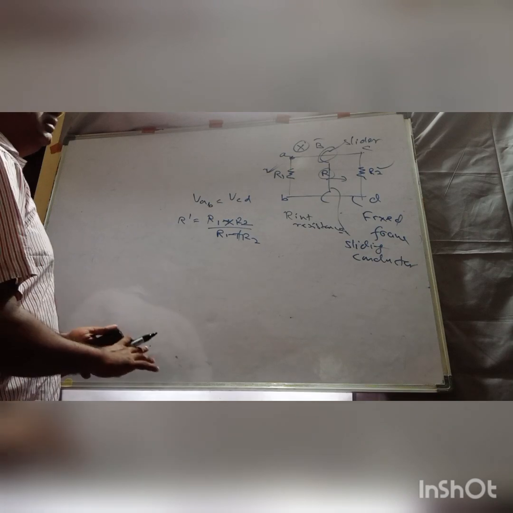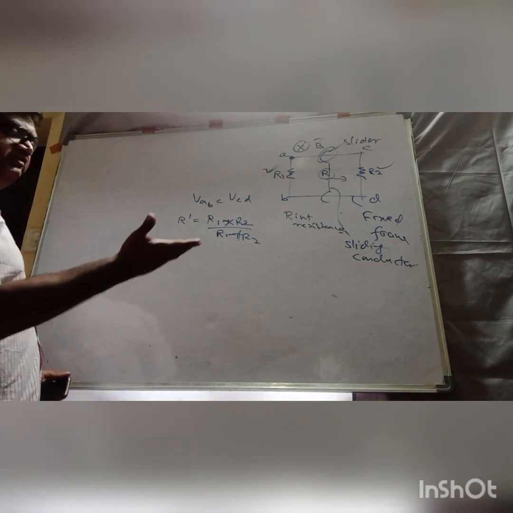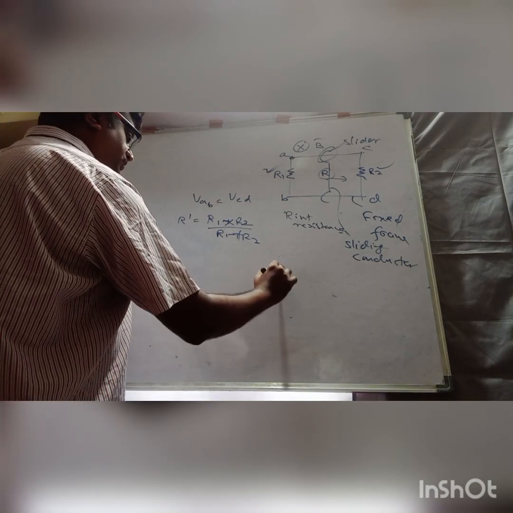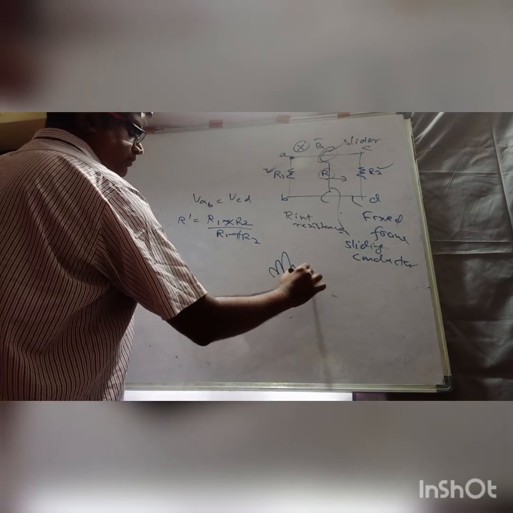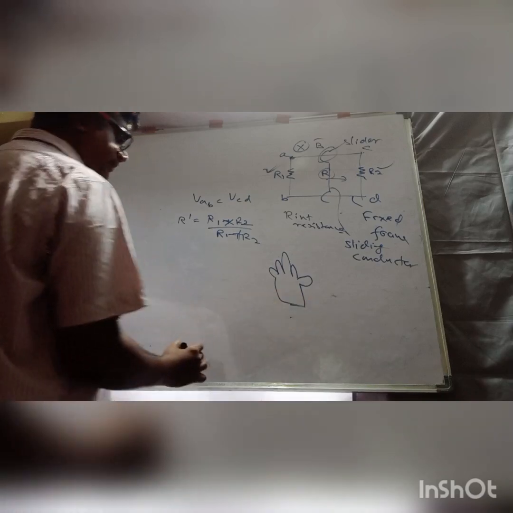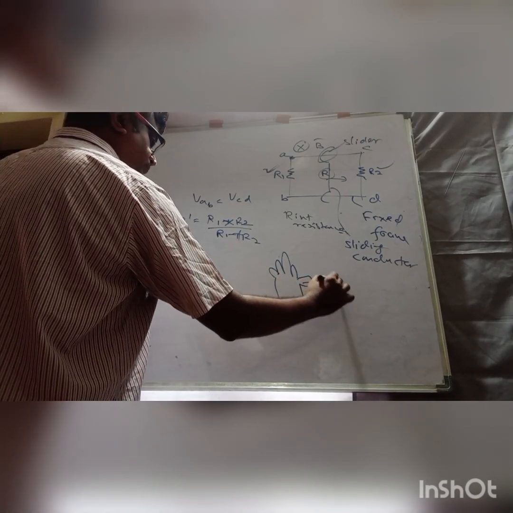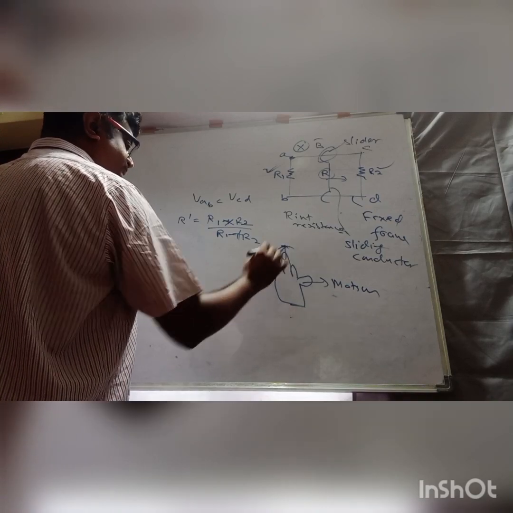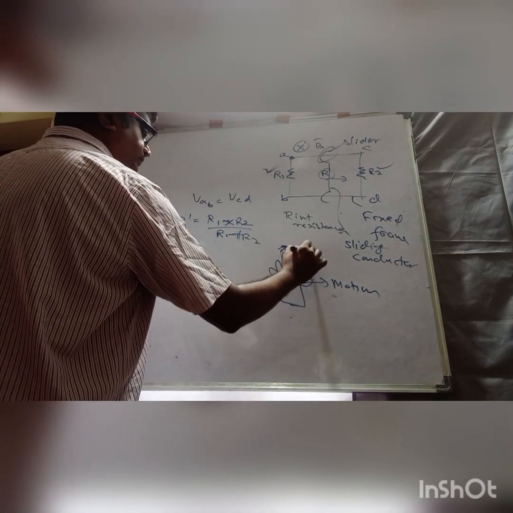So here we can finalize what is the high potential point. For that we have to use the right hand palm rule. Let us say this is your right hand. This indicates the motion, and this indicates the field.